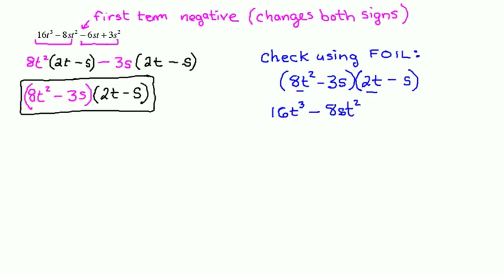My inner term comes from negative 3s times 2t, so that's going to be negative 6st. And my last term comes from negative 3s times negative s. Negative times negative is positive. That last term is positive 3s squared.